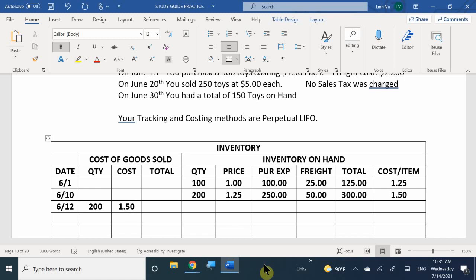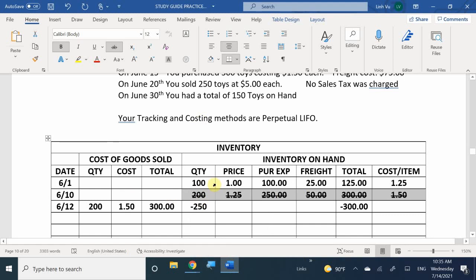The one on the 10th, which is $1.50, so we're taking out that whole entire batch. 200 times $1.50 gives you $300. If you want to show your work, you could say this right here. So that means this batch you're going to get rid of. You got rid of that batch of 200, so now you're only left with 100 for $1.25.